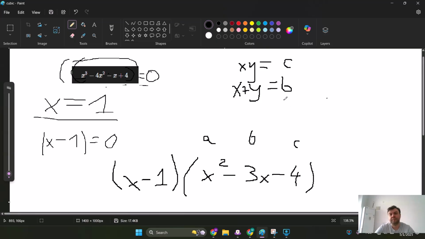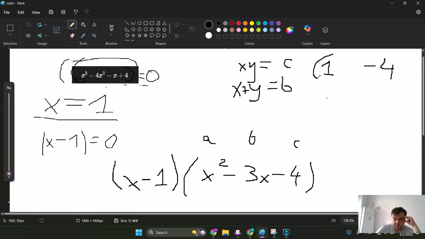Can you find such numbers? We have c as minus 4 and b as minus 3. We need two numbers that multiply to give minus 4. It can be, for example, 1 and minus 4.